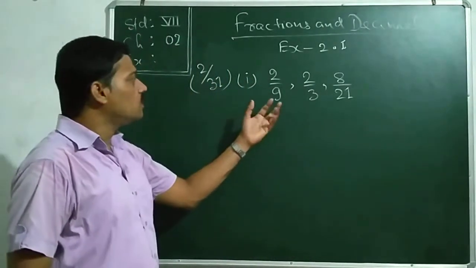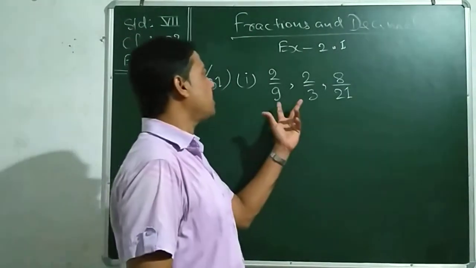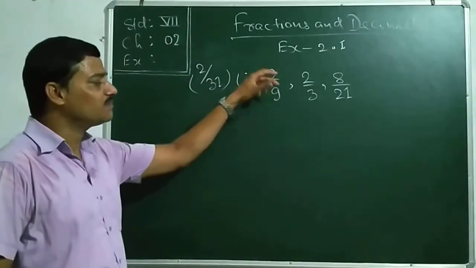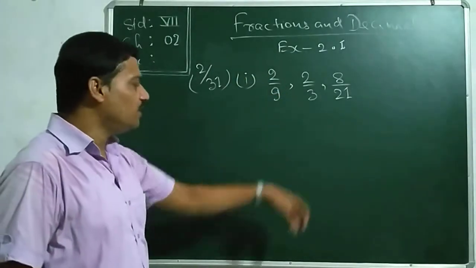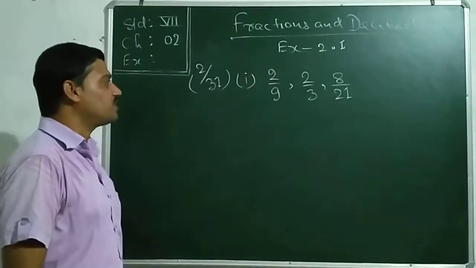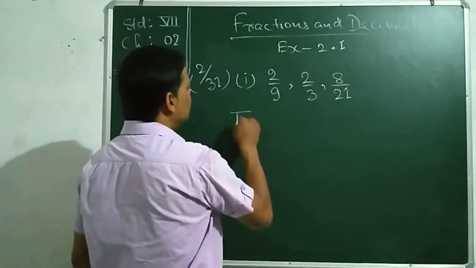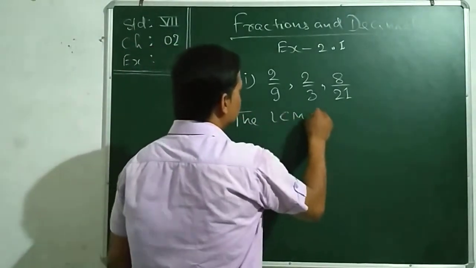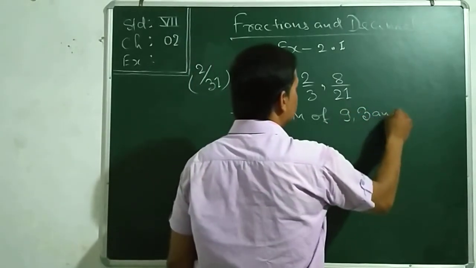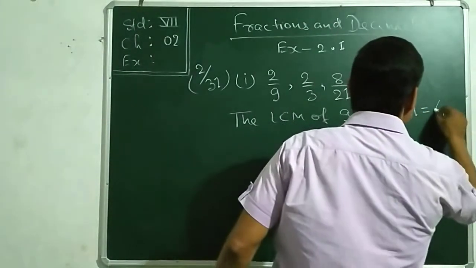That means the comparison of fractions you had learned in the previous class, where two fractions were to be compared, by the cross multiplication method you had learned that. But now when you have three fractions at a time, how do we compare? The simplest way is, once again, take the LCM. The LCM of 9, 3 and 21. Most probably it will come to 63. Yes.